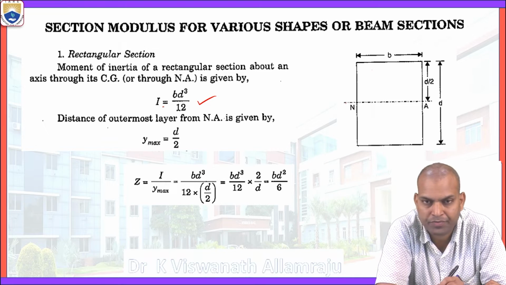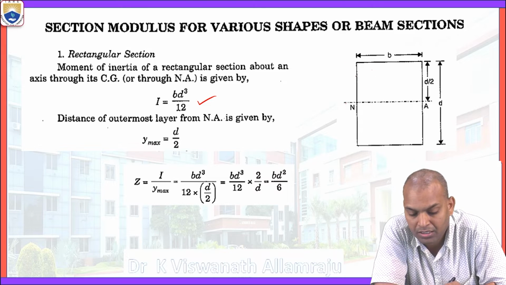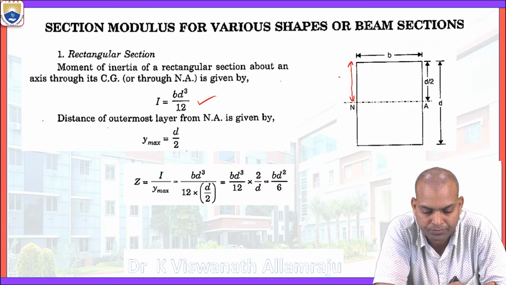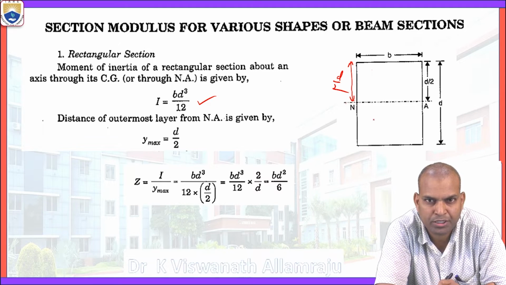And y maximum is the distance from the neutral axis to the outermost, topmost layer, that is d by 2. So y max equal to d by 2, I equal to b d cube by 12.